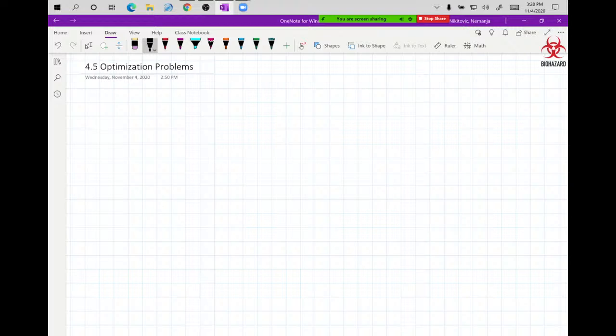So we're constantly interested in optimizing something, meaning what is the maximum, what is the minimum, right? You want to maximize the profit, minimize the cost, and they go hand in hand when you are running a business.